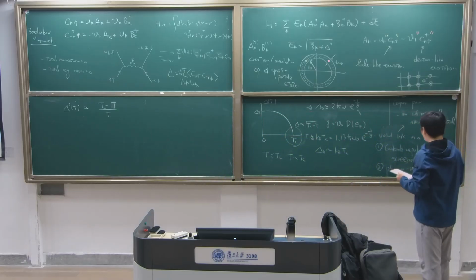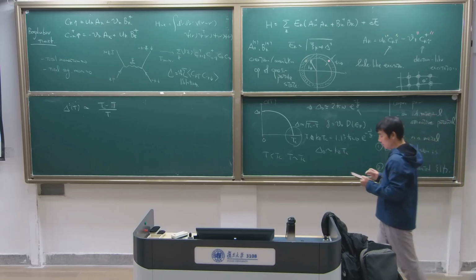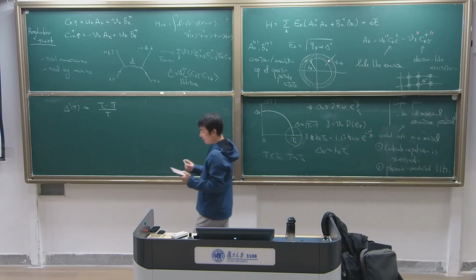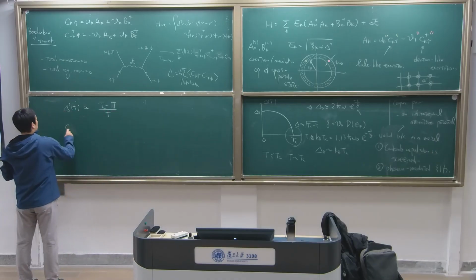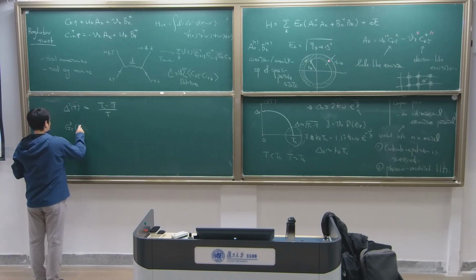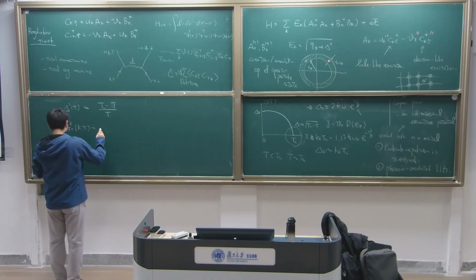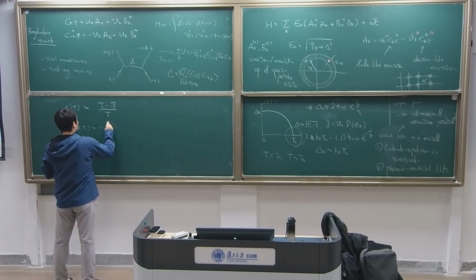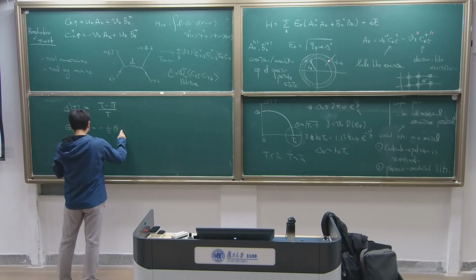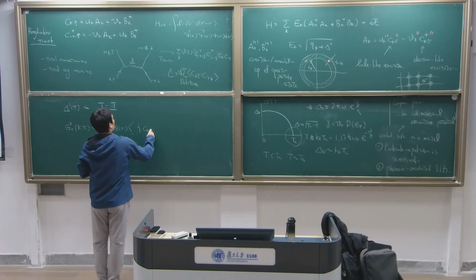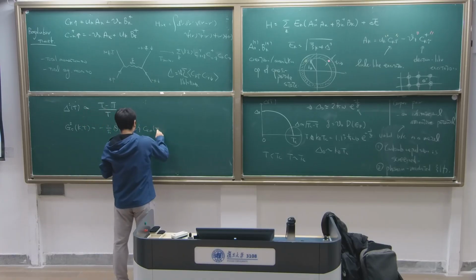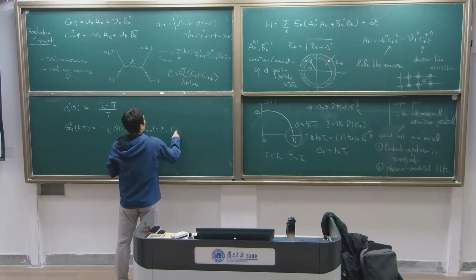Okay. So then we consider something called the Green's function, the spectral function. So the Green's function is equal to this, like this.